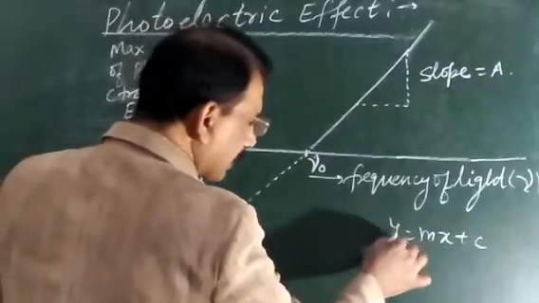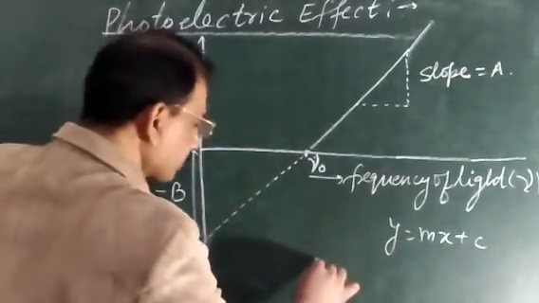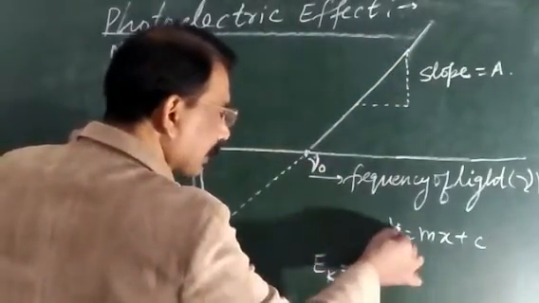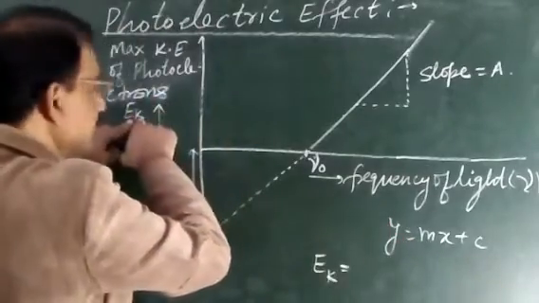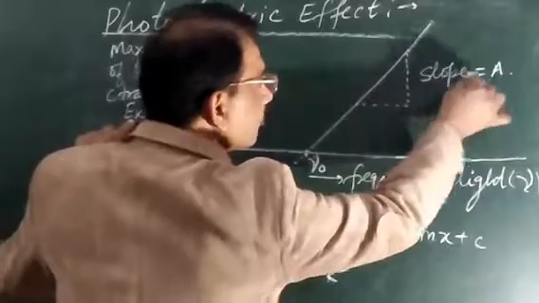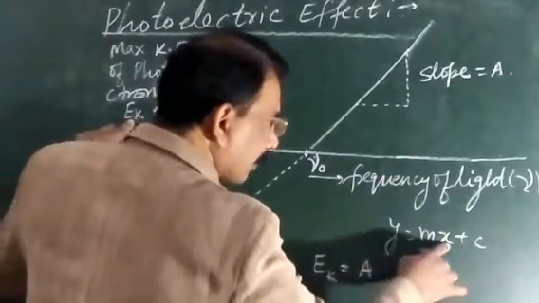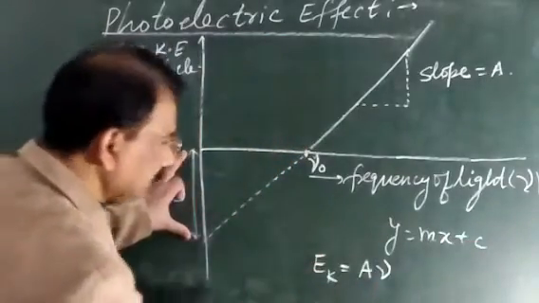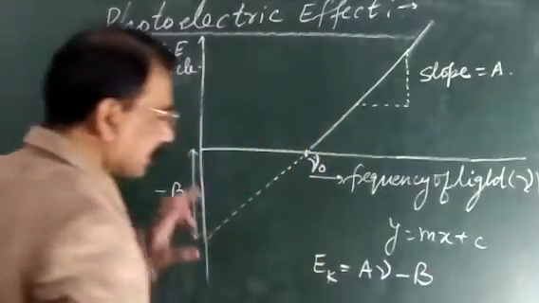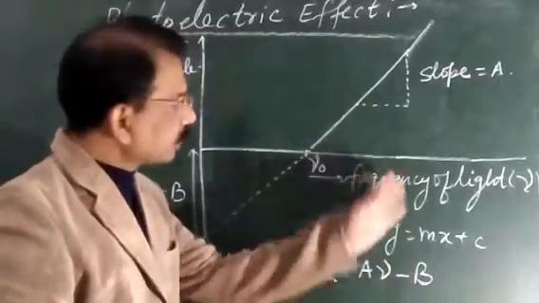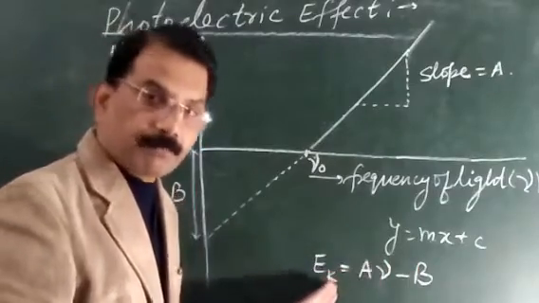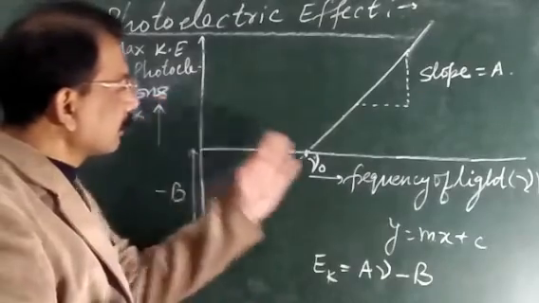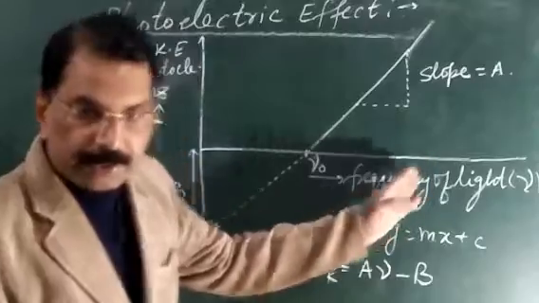Along the y-axis we have taken Ek, so Ek is equal to m, the slope, which is a, times nu, what we have taken on the x-axis, plus the y-intercept, which is minus b. This equation for the straight line is experimentally observed when we draw the graph between the maximum kinetic energy emitted from the metal and the frequency of the incident light.